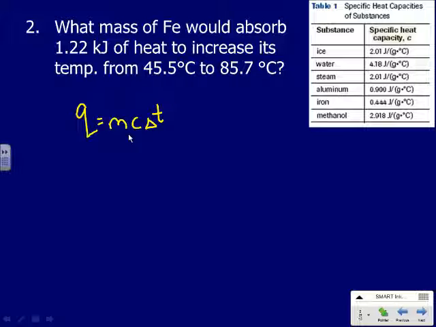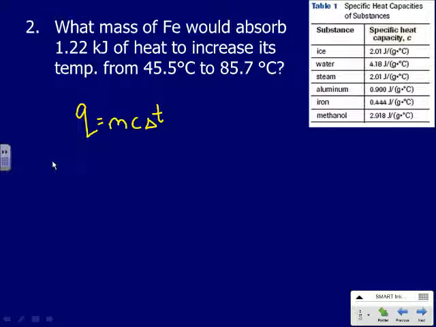I like rearranging first, but I know some people like to rearrange after, so we'll do the after. We've got to be very careful here, because what unit is my Q in this equation? It's in joules. Notice the energy unit they've given us, kilojoules.